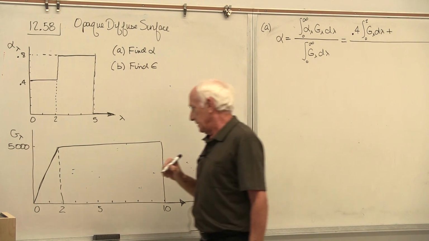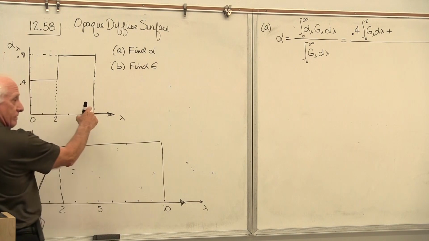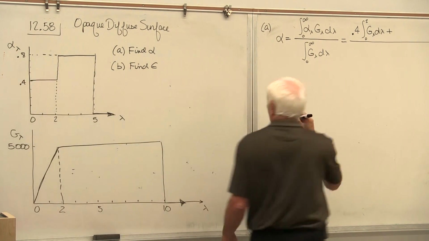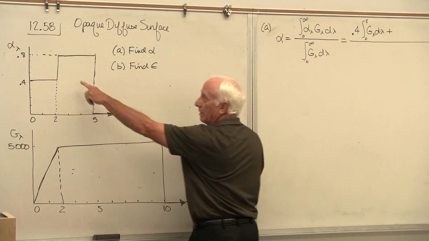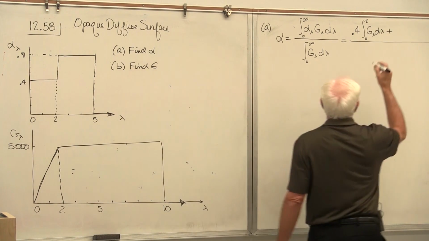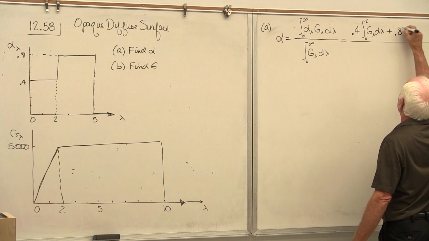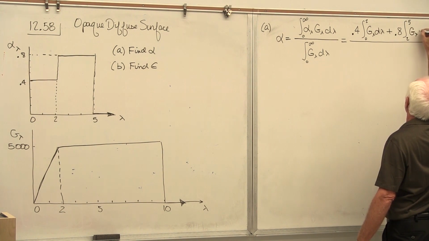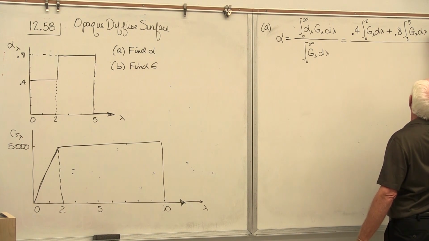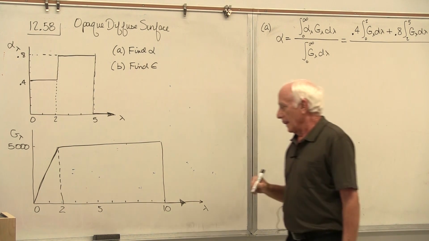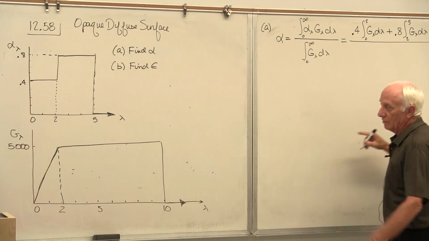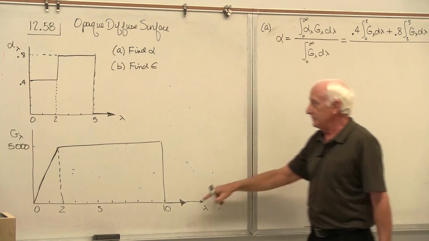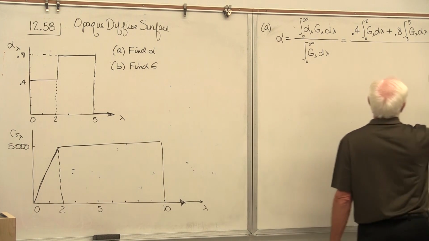The next breakpoint, look at both graphs, is 5. Integrate from 2 to 5. What's constant? Look up here, 0.8. Integral 2 to 5, G lambda d lambda, plus, at 10 something happens, so from 5 to 10 the integral, I'll put it in there, but it's 0.